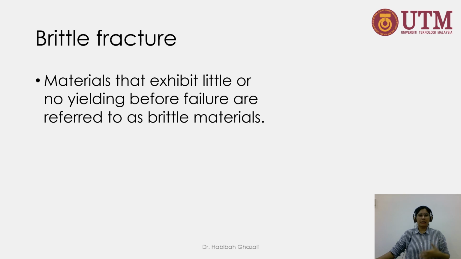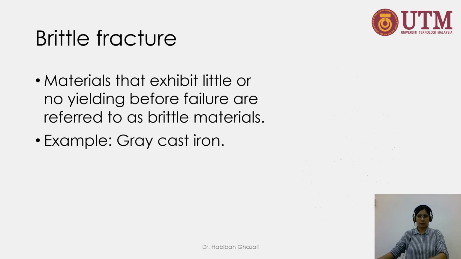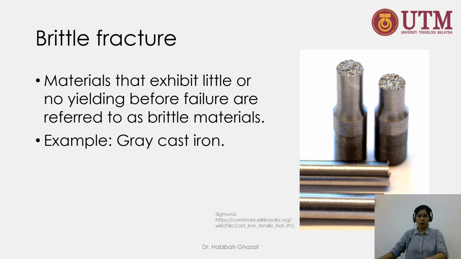Materials that exhibit little or no yielding before failure are what we refer to as brittle materials. The fracture surface of the material will look like this, where it is almost a flat surface. An example of a brittle material is gray cast iron, and for these materials the stress strain curve will look different again.